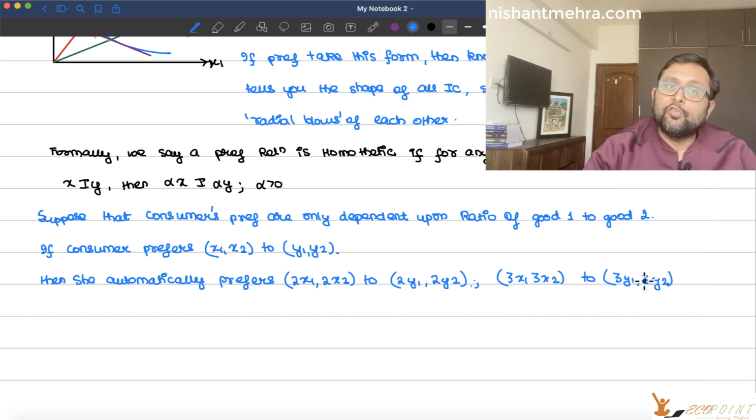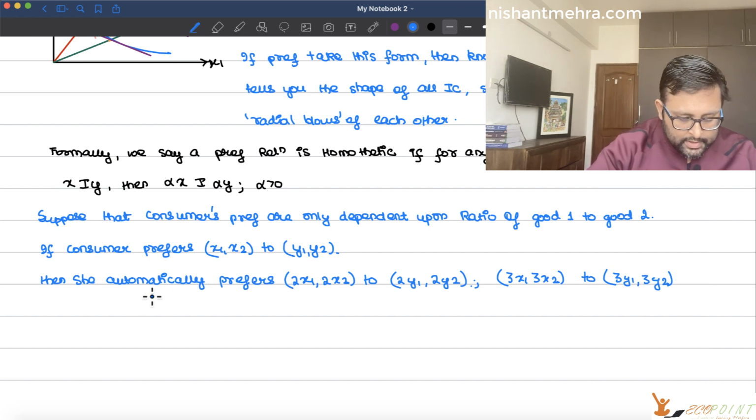So ratio is same for all the bundles which you have just written. So you prefer x1 x2 to y1 y2, you automatically prefer 2x1 2x2 to 2y1 2y2 if your preferences are homothetic.